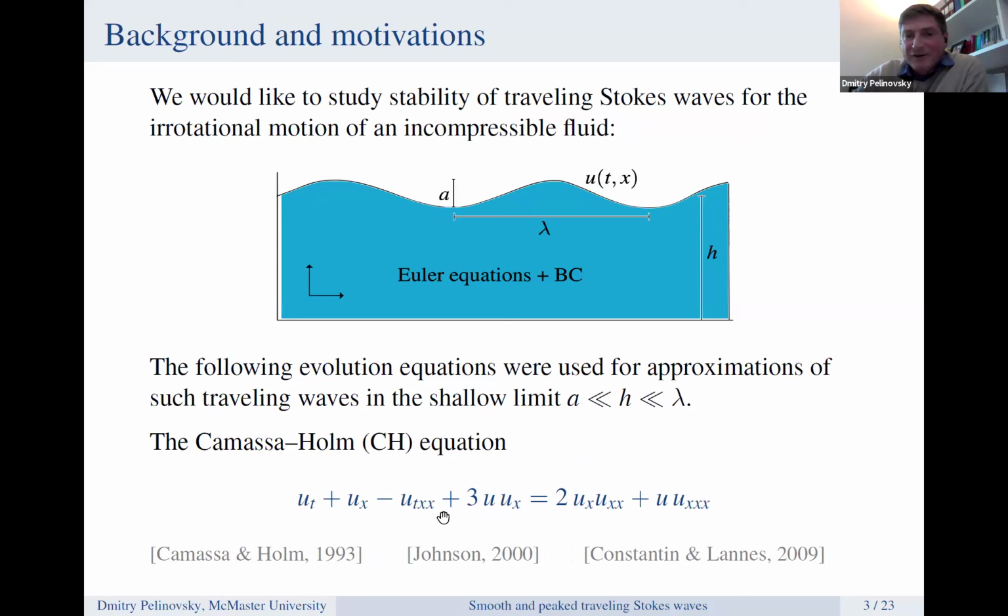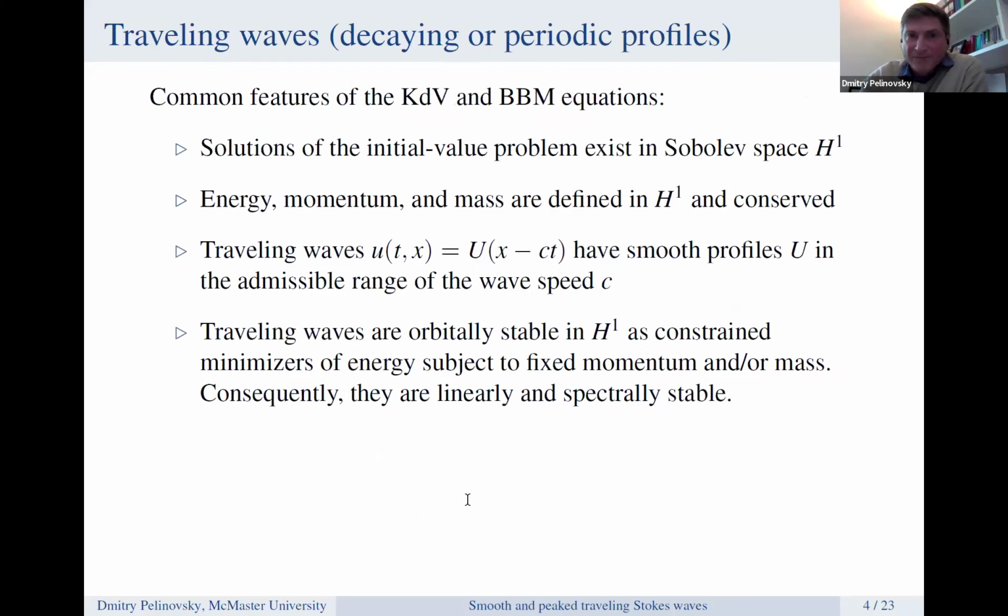In fact, this equation was rigorously justified, as well as all other equations were rigorously justified in the context of fluids. So now I will start my talk with a comparison of the state of the art in the existence and stability theory for periodic and solitary wave solutions for these three equations.